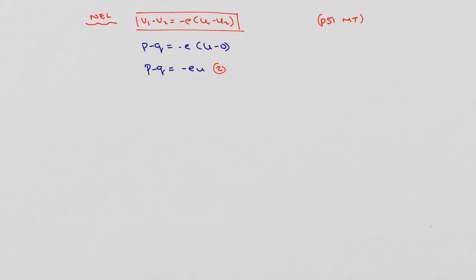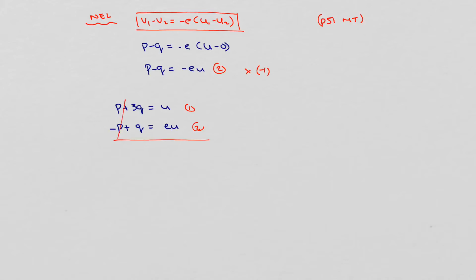So if we line those two equations up, what we have is p plus 3q is equal to u, p minus q is equal to minus eu, and of course if I multiply across in the second equation by minus 1, that becomes minus p plus q is equal to eu. We'll call those equation 1 and equation 2.